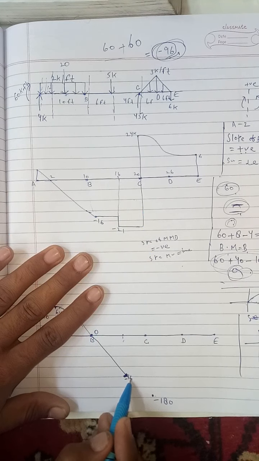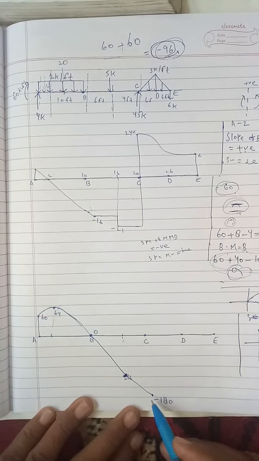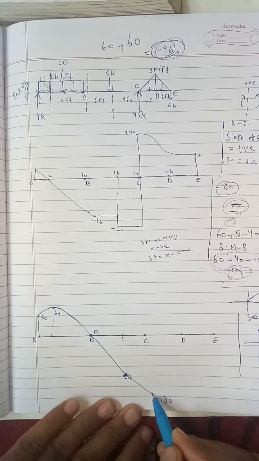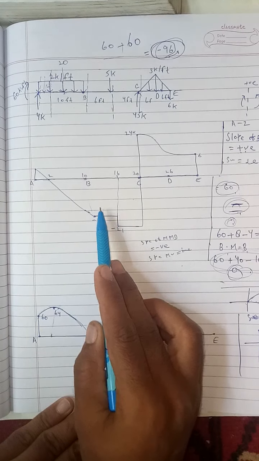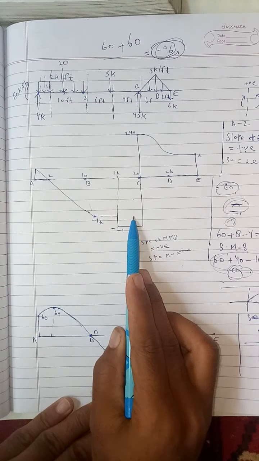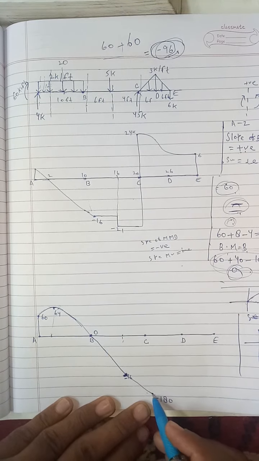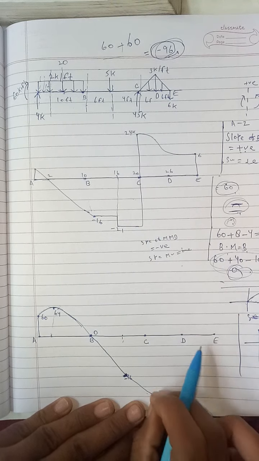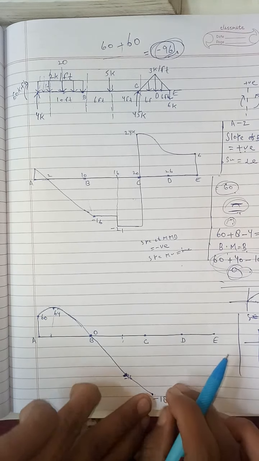So I will write here this is minus 180. There will be a difference in slopes because the magnitude of slope here will be one value and here another, this will be more. We are not drawing this exactly to scale, so there may be some errors.